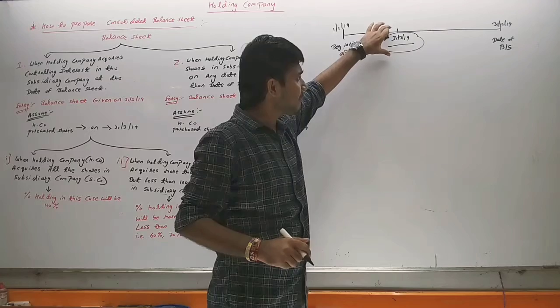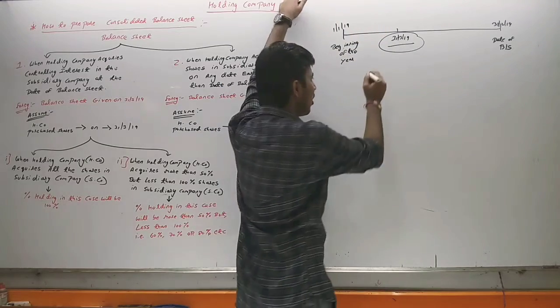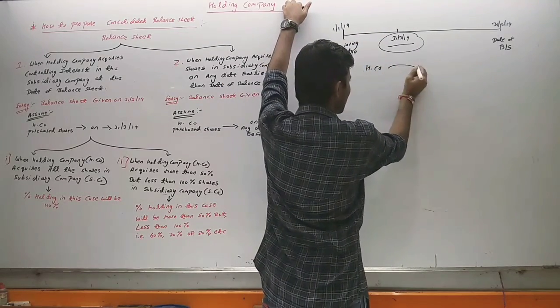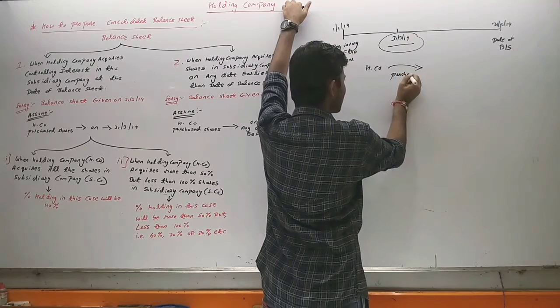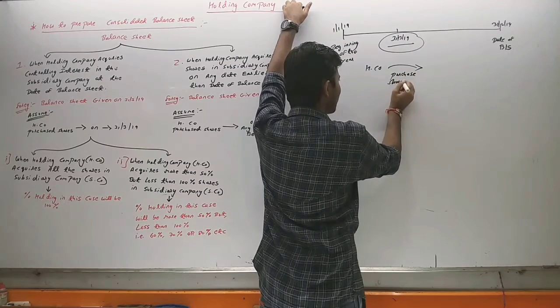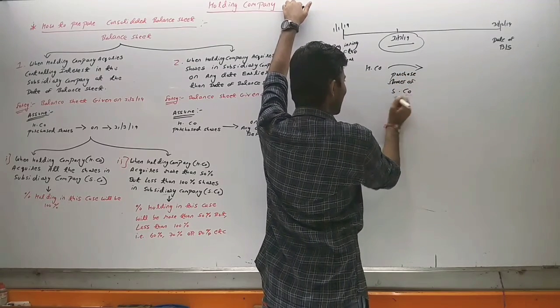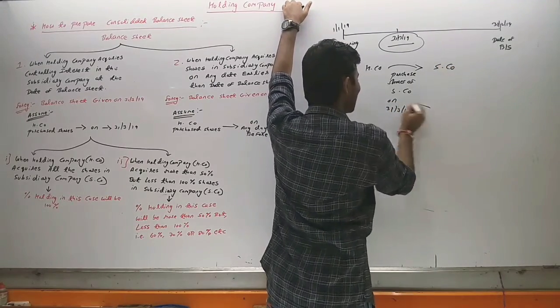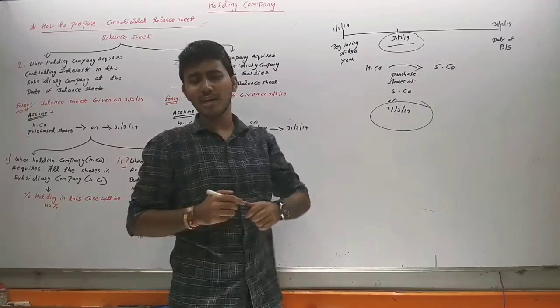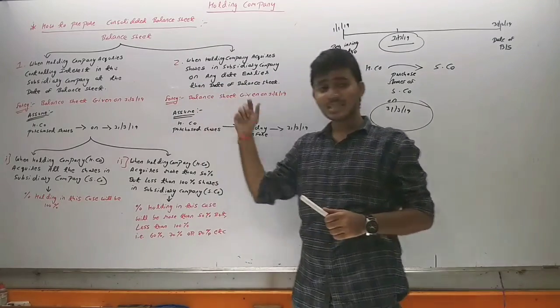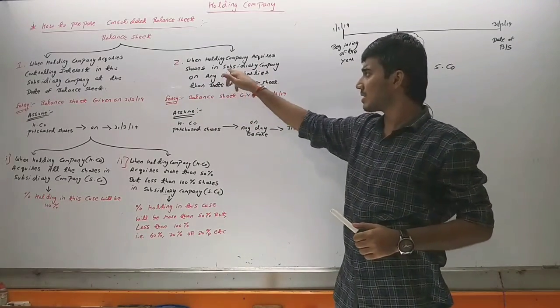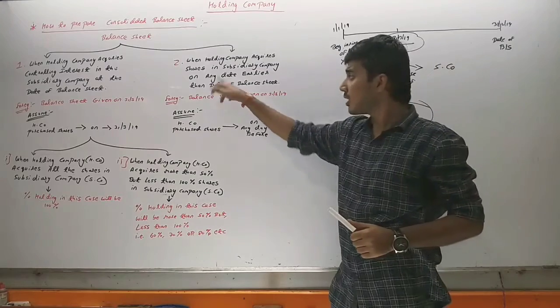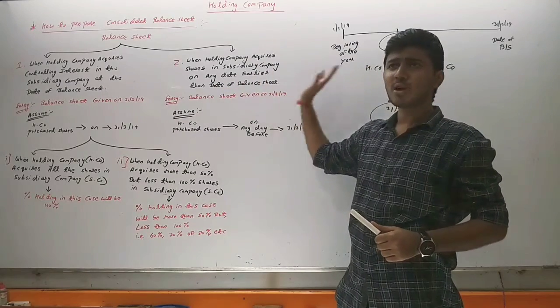So if the holding company purchases shares of the subsidiary company on 31st March 2019, then it will come in our second case, because the second case says when the holding company acquires shares in the subsidiary company on any date earlier than the date of balance sheet.